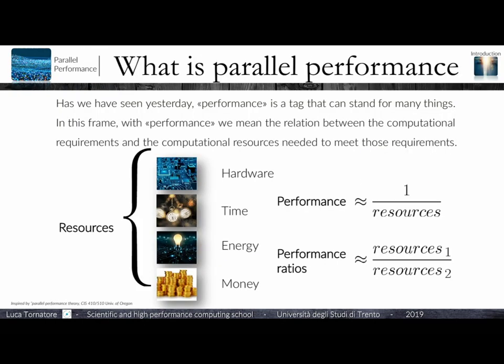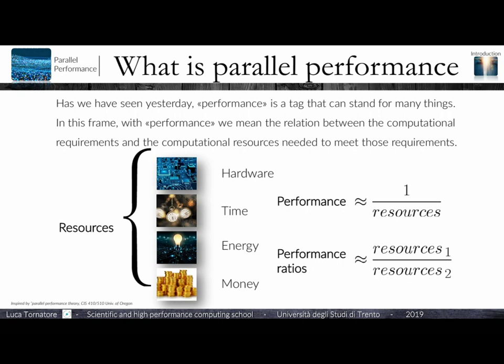So what is actually parallel performance? Because everything is good here, fantastic, but is it efficient? How can we define efficiency? Performance is a tag that can stand for many things, but in this frame, performance is the relation between the computational requirements and the computational resources needed to meet those requirements.